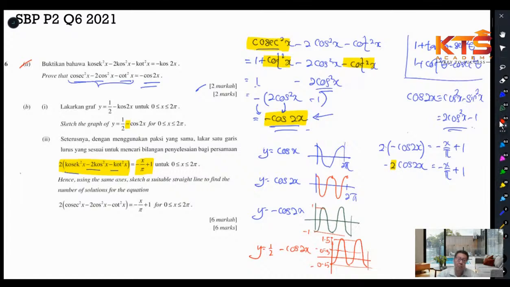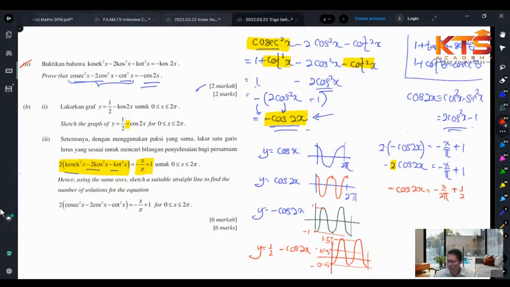I need to divide by 2. So I get negative cos 2x divided by 2. Negative x over 2 pi divided by 2 is half. Is it correct? Cosecant is this. But this is half. So let me see how to relate this one.